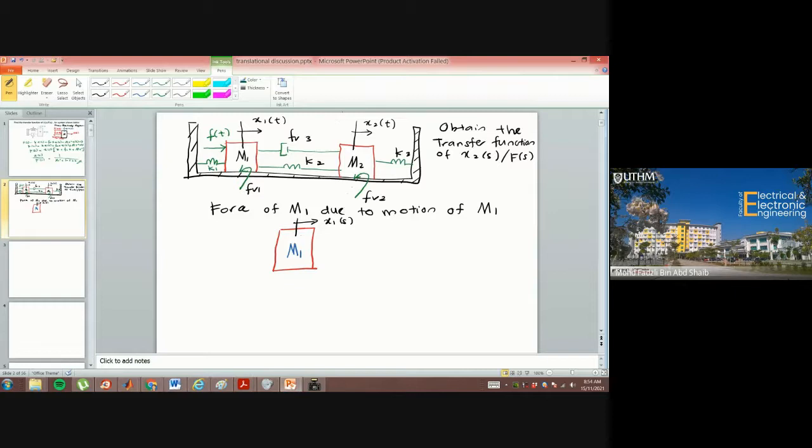Now we try to settle the left hand side, right hand side first. Right hand side. Look at the direction, very important. The direction is here. FV3.